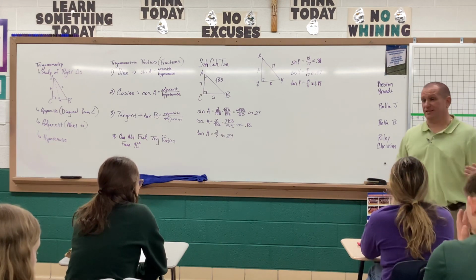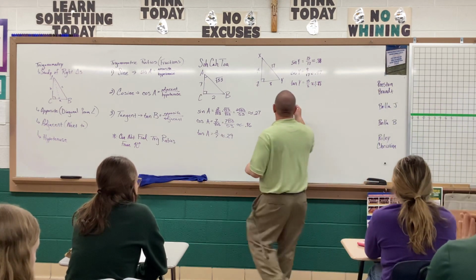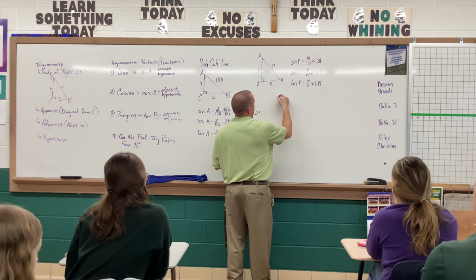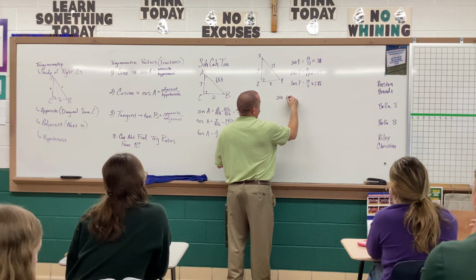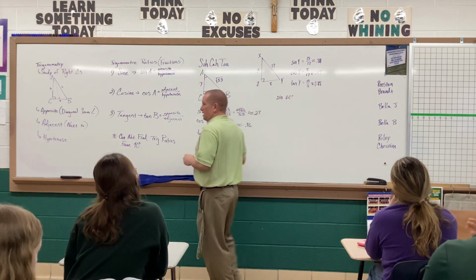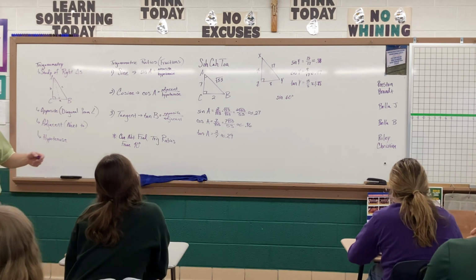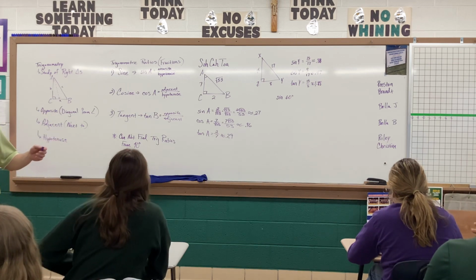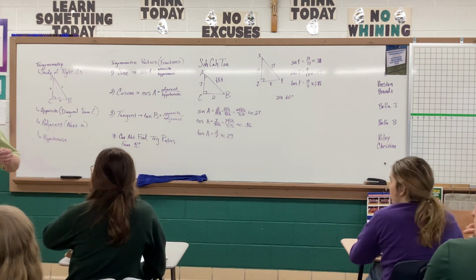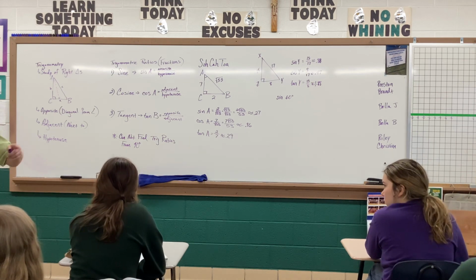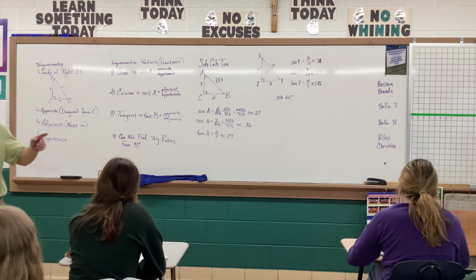So remember when we did this, if they ask you to do the sine of 60 degrees, what should automatically click in your head? You should go back to thinking about our special right triangles that we talked about the other day.